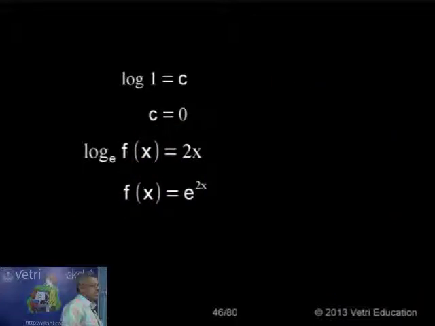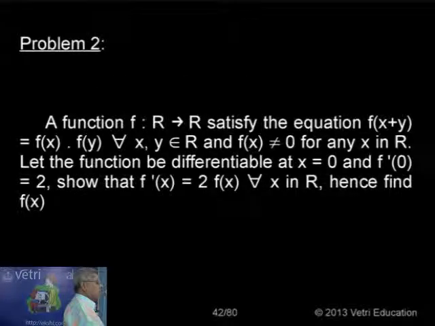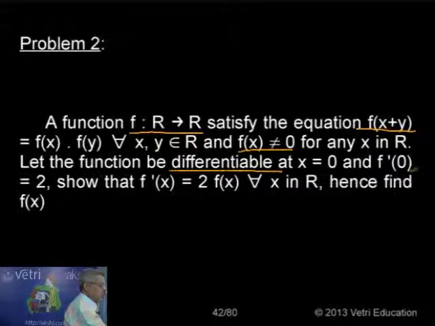So it's a very interesting, important problem. We are using all the conditions: the function f of x plus y is f of x, f of y, and f of x not equal to 0 to cancel f of x. The differentiability condition we are using, we are writing f dash x, we are also writing f dash x, and ultimately we are proving this equal to this.